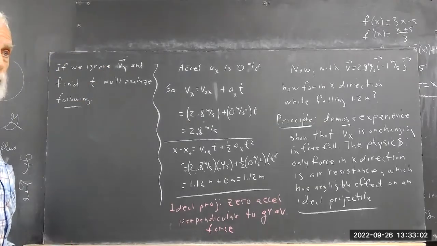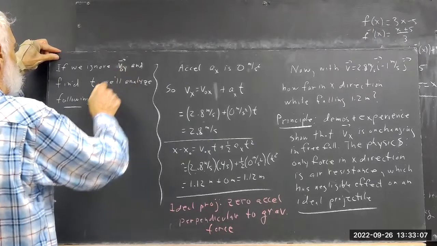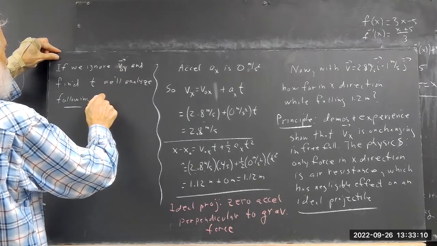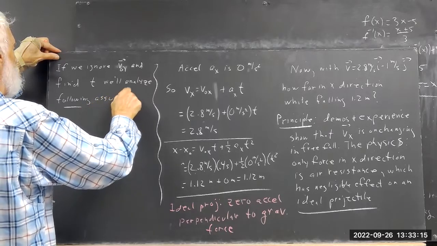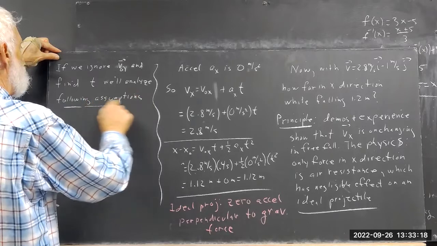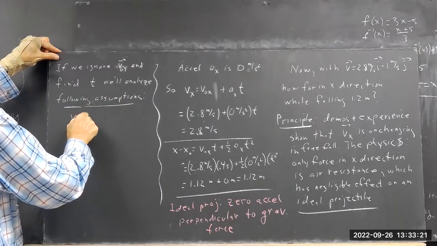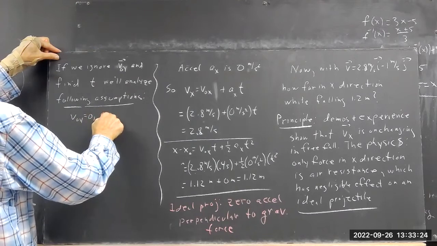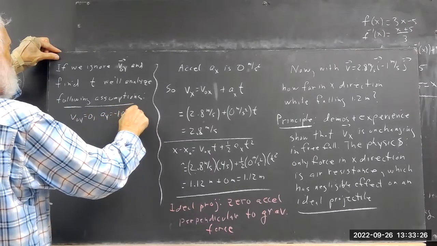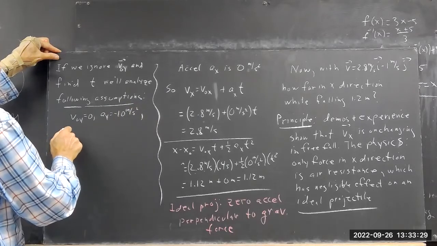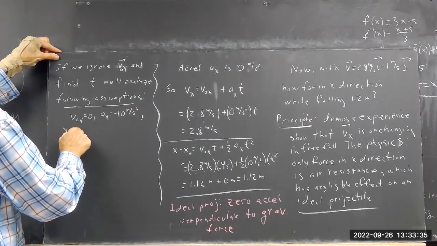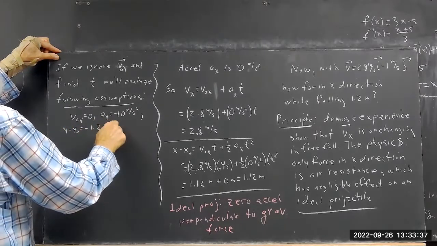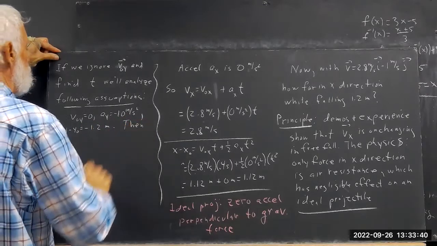So we ignore Vy. That is, we assume that Vy is 0. V naught y. Okay.